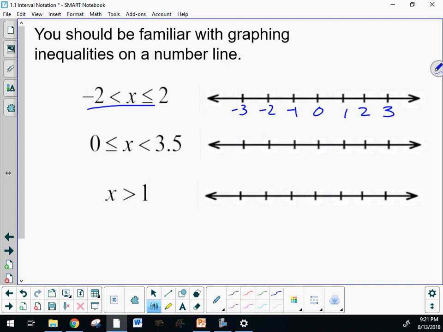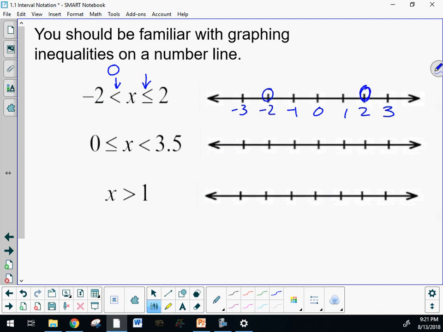And if I want to graph this, you might recall that when you have an inequality like this type, that's an open circle on the number line. It does not include -2. So we would have an open circle here. And on the other side, it says x is less than or equal to +2.